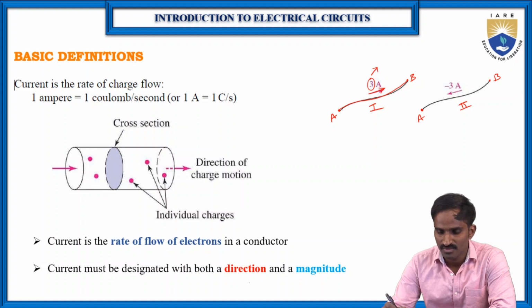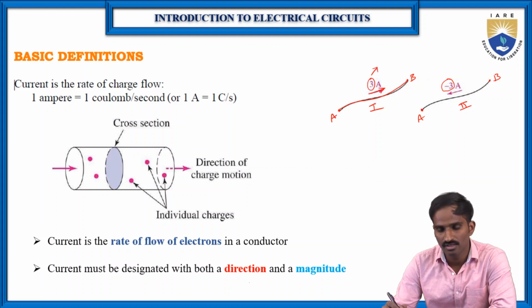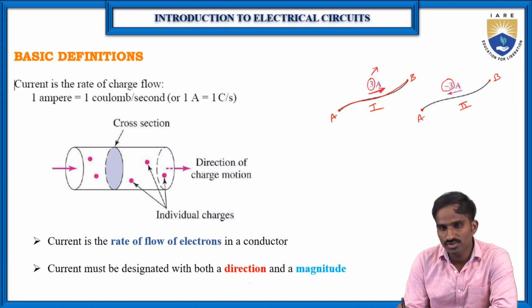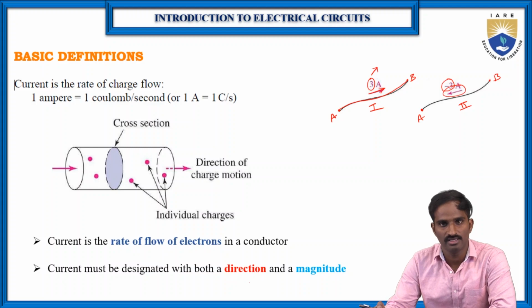Because the magnitude is represented with a negative sign, minus 3. The negative sign represents the opposite direction with respect to the direction indicated by the arrow.